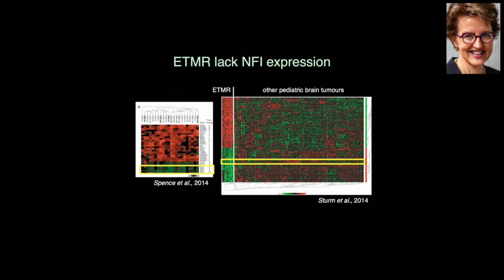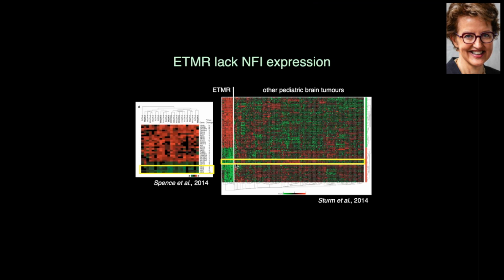And so we collaborated with some wonderful people in Heidelberg, Marcel Kuhl's group, to identify what was going on here. Now, previously it had been published that in ETMR, and this is now some RNA sequencing data, the nuclear factor 1 genes, which I don't expect you to be able to read here, were very much impacted in ETMR.